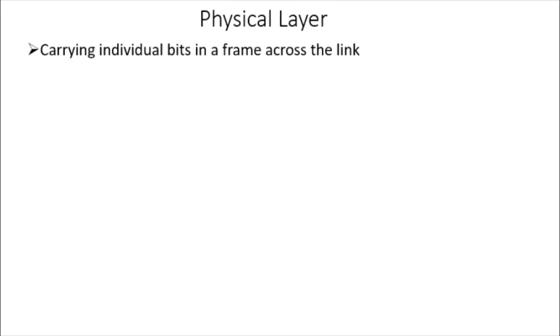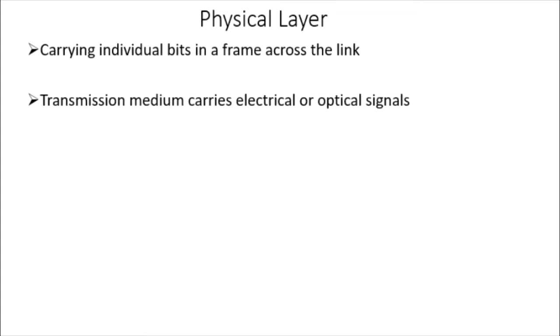Now let's look at the physical layer in detail. The physical layer is responsible for carrying individual bits in the frame across the link. Two devices are connected by a transmission medium, and the transmission medium carries electrical or optical signals. The bits received in the frame from the data link layer are transformed into electrical signals and sent through the transmission media.